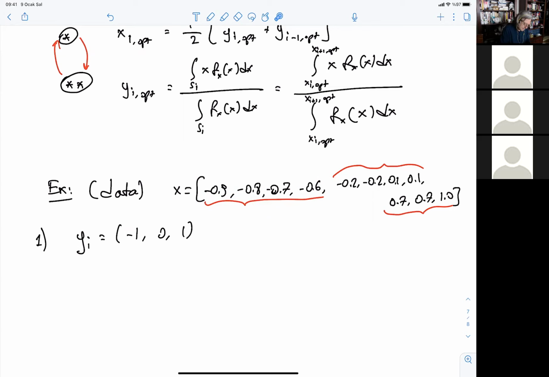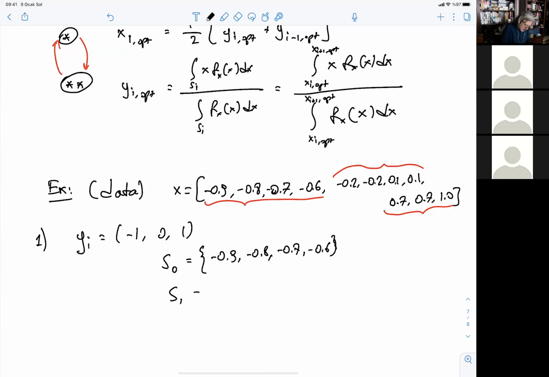So let me write it like this. The first set, which I will call S0, is represented by minus 0.9, minus 0.8, minus 0.7, and minus 0.6.